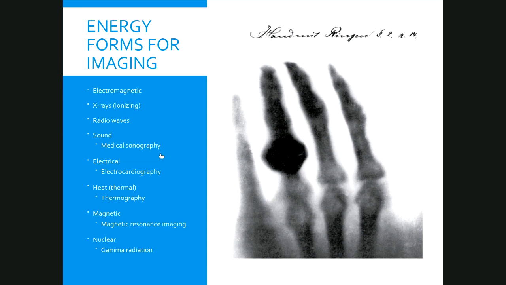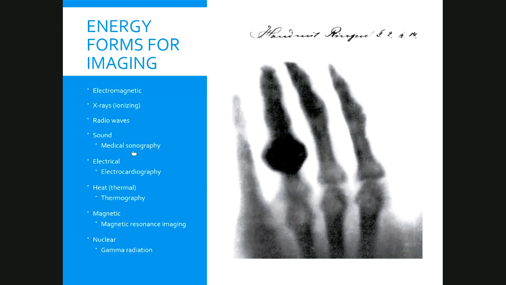Now, electromagnetic energy is what X-rays are made of, and those do have the ability to ionize atoms. We have radio waves that are used in MRI. Those do not ionize. Sound waves absolutely are not ionizing, but they use those in diagnostic medical sonography.